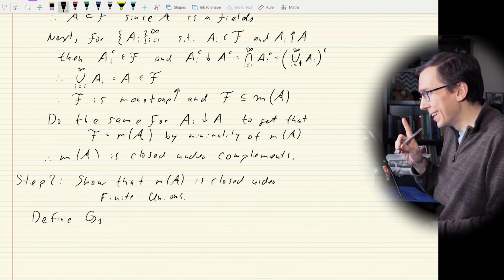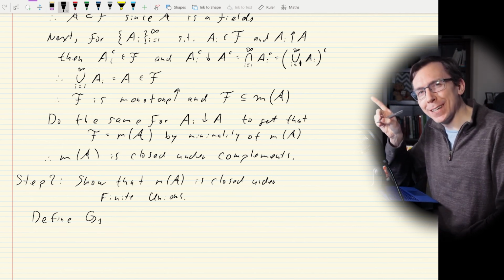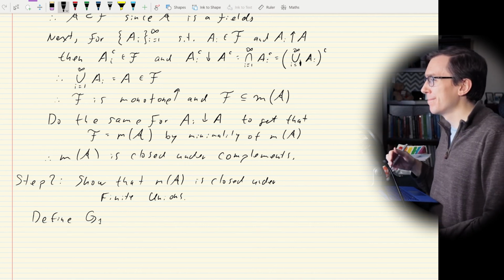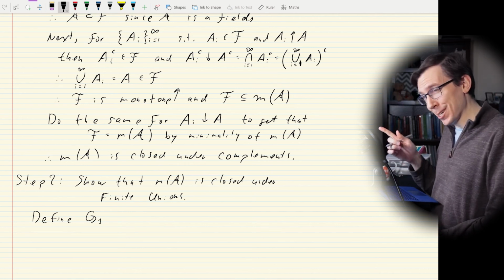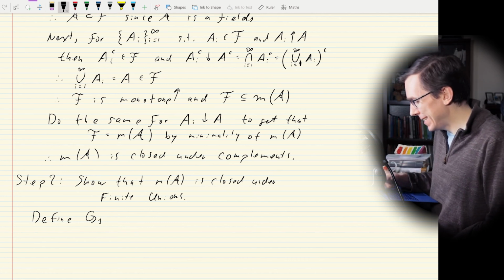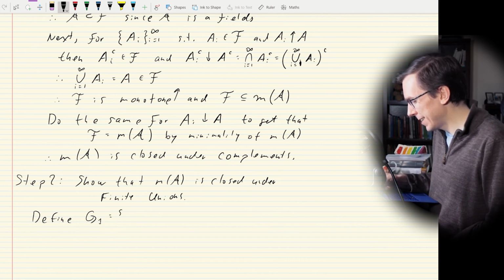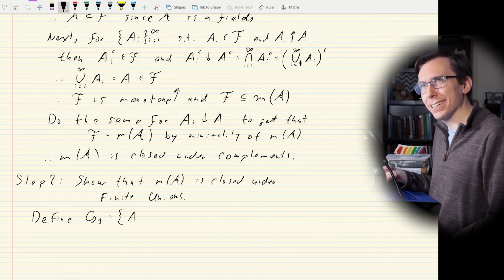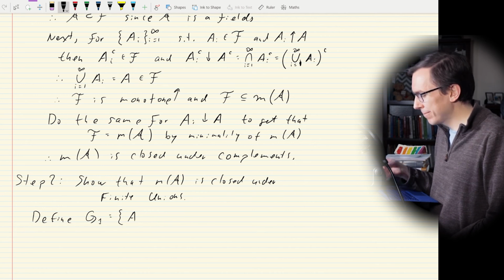Script G1. This proof is going to look very similar to one we did before, where we kind of stepped up. I'd have to go look it up, but we did do a proof very much like this in an earlier lecture. I think it was in Carathéodory's extension theorem, but I can't quite remember right now.